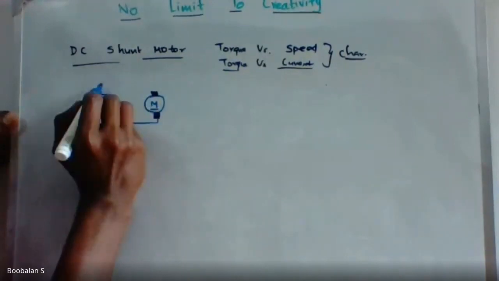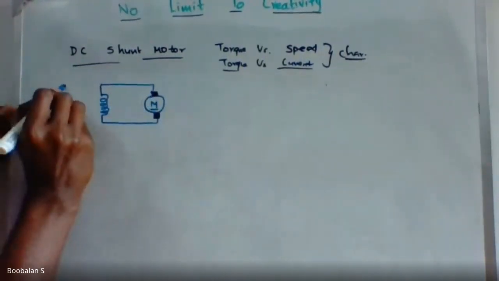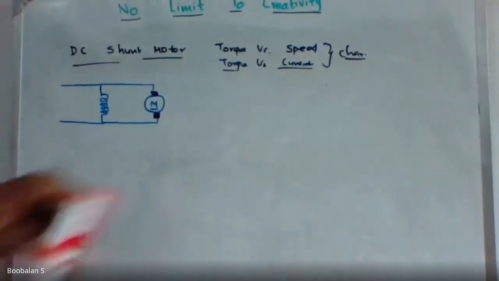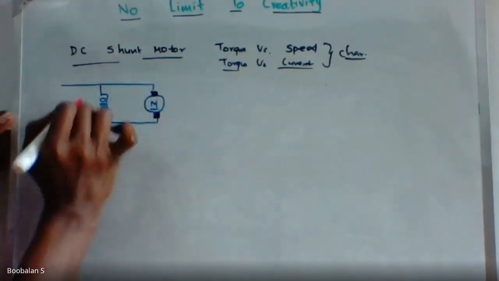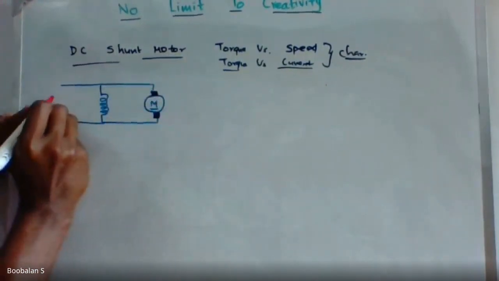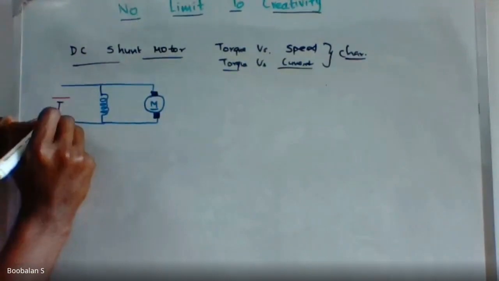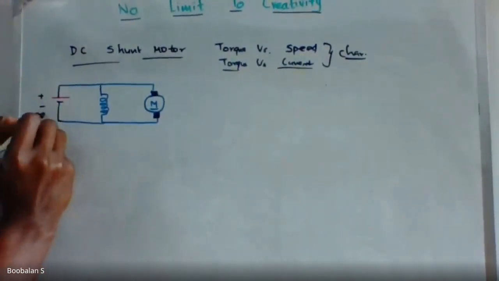Both are connected in parallel, and this parallel connection is again connected in parallel with my power supply. Watch carefully: you should not draw these two in series, even if it is asked in the exam. Both are connected in parallel, and both are connected in parallel with my input power supply. That's the most important thing. The input power source is connected to both in parallel. This is why it's called a DC shunt motor.